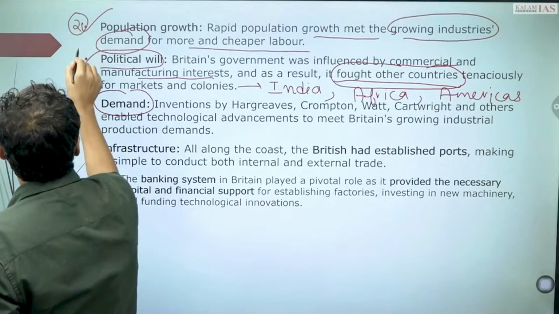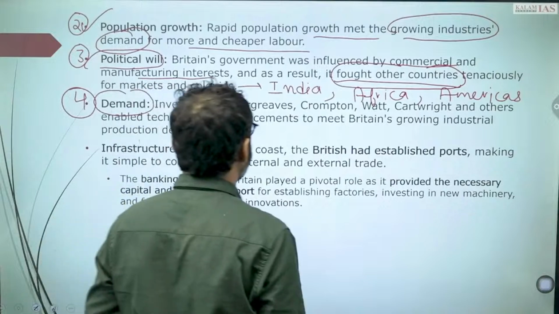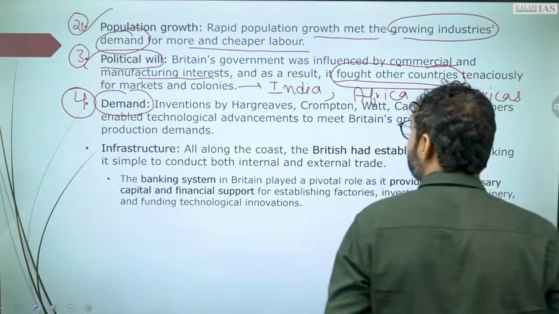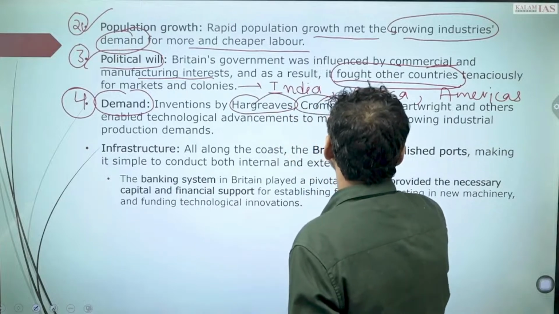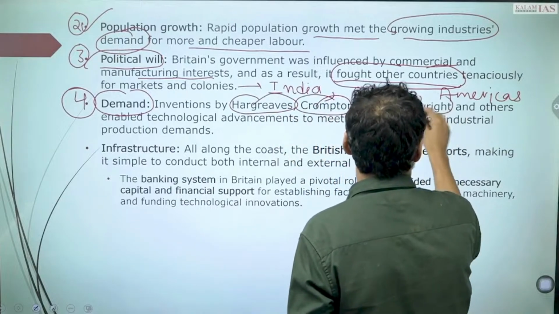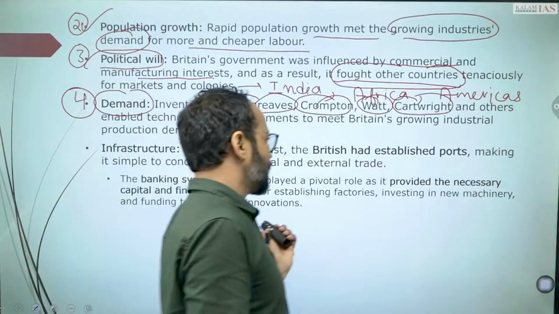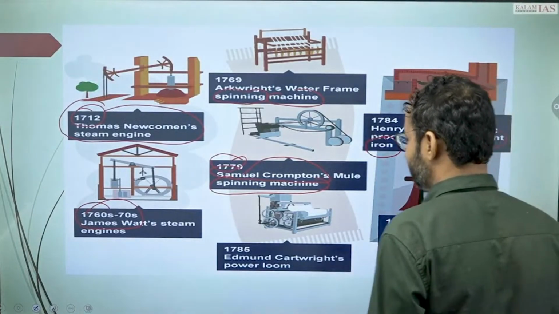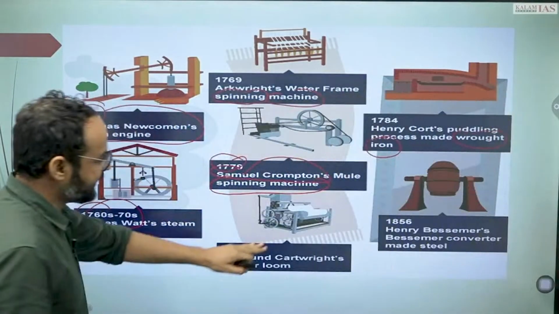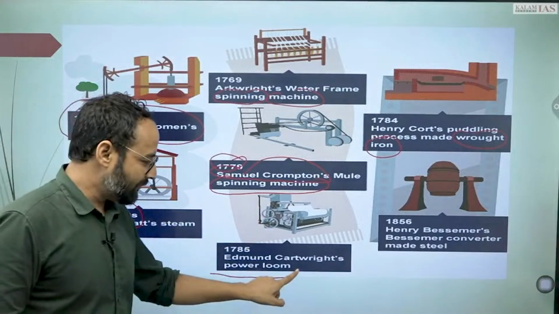So another factors were demand, 2, 3, and 4. Fourth point is inventions of Hargreaves, Crompton, James Watt, Cartwright enabled new technologies. What are these technologies? I'll just show it to you again. See, Cartwright invented this, which was the power loom. Very important.